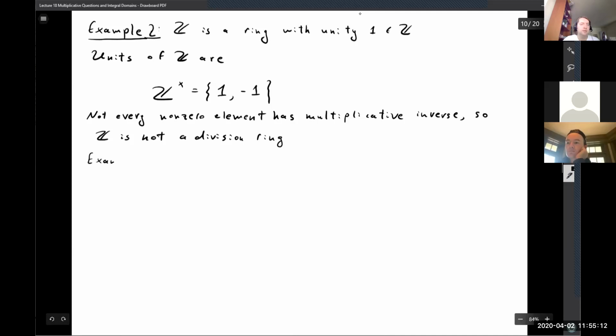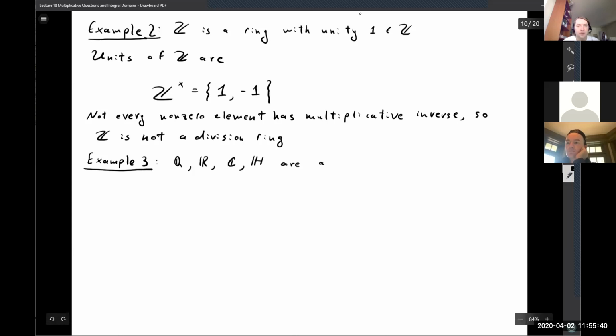Okay, so now let's just mention the standard examples of division ring. And that will be example 3. So if we look at the ring of rationals, the ring of reals, the ring of complex numbers, and the ring of quaternions, they are all division rings.